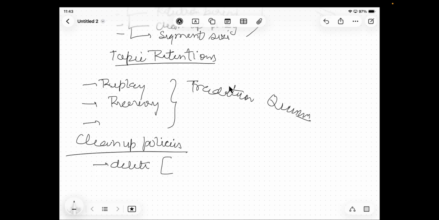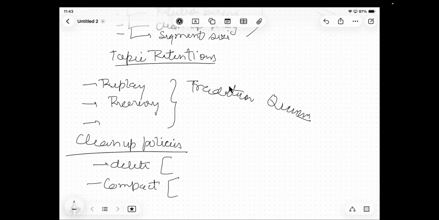Once that period is over, messages get deleted automatically. The second one is the compact policy. What is the compact policy? So Kafka keeps only the latest value per key. It means when you send a message, it has some key. So it always keeps the latest value of a given key. So this is the compact policy.